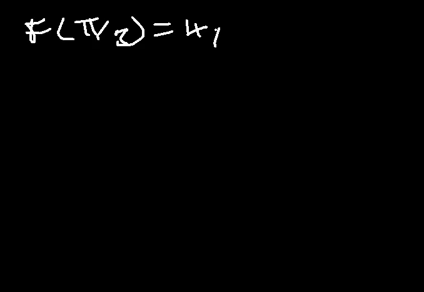Now how about, let's say, if we have this case. Let's say we have f of pi over 3 equal to 4, and also let's say we have f prime of pi over 3 given as -2.